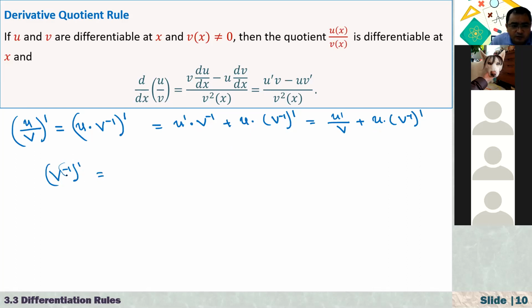The power is negative 1, so the negative 1 comes to the front: negative 1 times v, and now we subtract 1 from the power, negative 1 minus 1, that is minus 2.